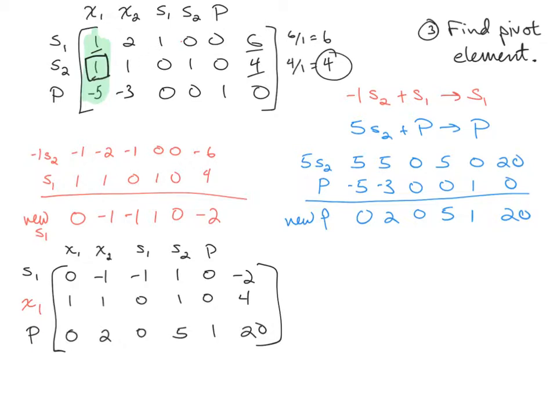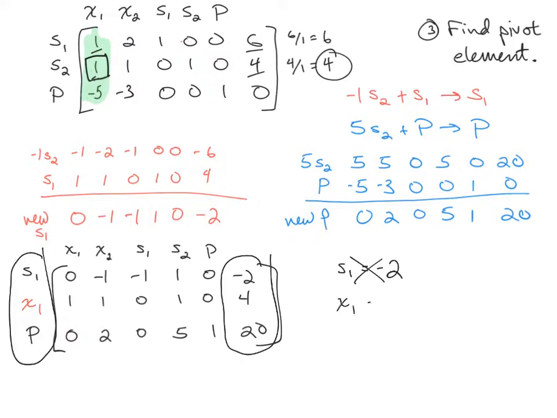Well, you'll notice that the last column will tell you the values of these three variables on the left. So s sub 1 is -2, and again, that doesn't make any sense, as you know from the table method. x sub 1 will equal 4, and P will equal 20.